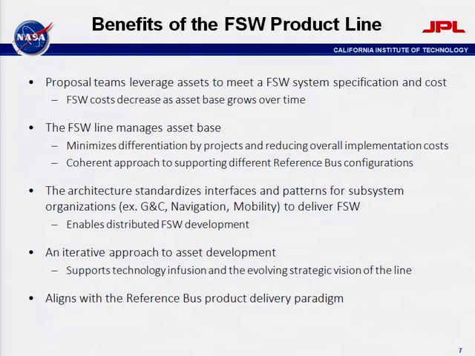The architecture itself, the product line architecture, which we'll be talking about shortly, standardizes interfaces and patterns for subsystem organization to deliver flight software. This is the big one. This enables distributed flight software development. So instead of this huge monolithic flight software team, because you have a standardized architecture and a standardized set of interfaces, you can farm out pieces of your flight software to the actual subsystem delivery organizations.